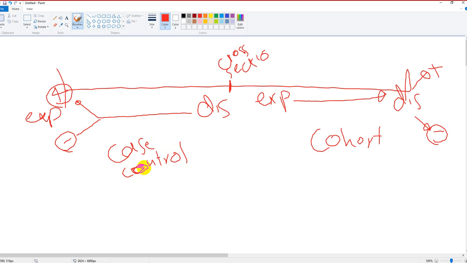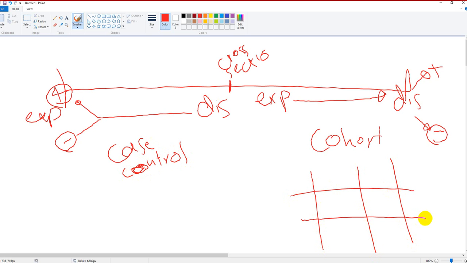We said earlier that once we construct the table, it will be just like this. We put the disease, the same thing. The table is the same for the cohort and the case control, the same concepts.